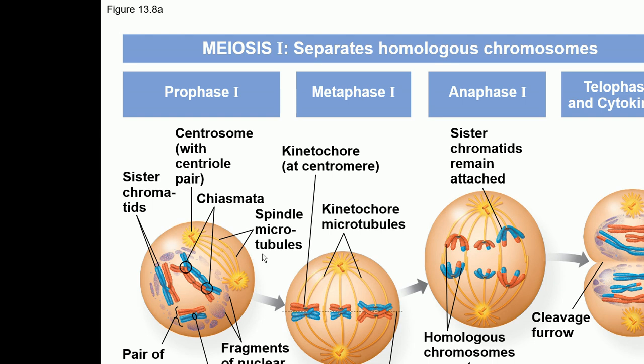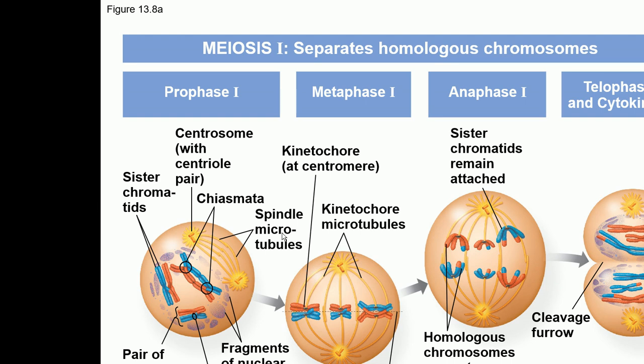Which means that because of how this pair is aligned, or how this pair is aligned, there are millions of combinations possible in how gametes are formed, or what kind of gametes are formed. And this process is called independent assortment of chromosomes. Okay, so these are some of the important events taking place here.